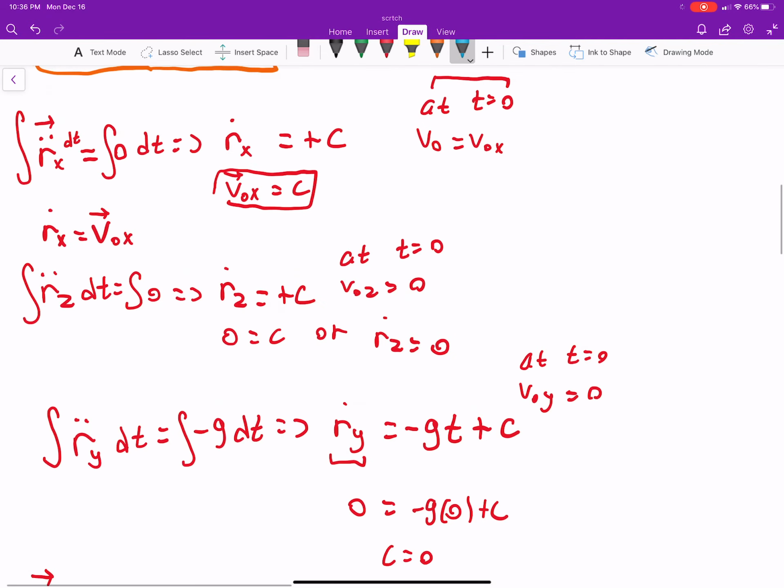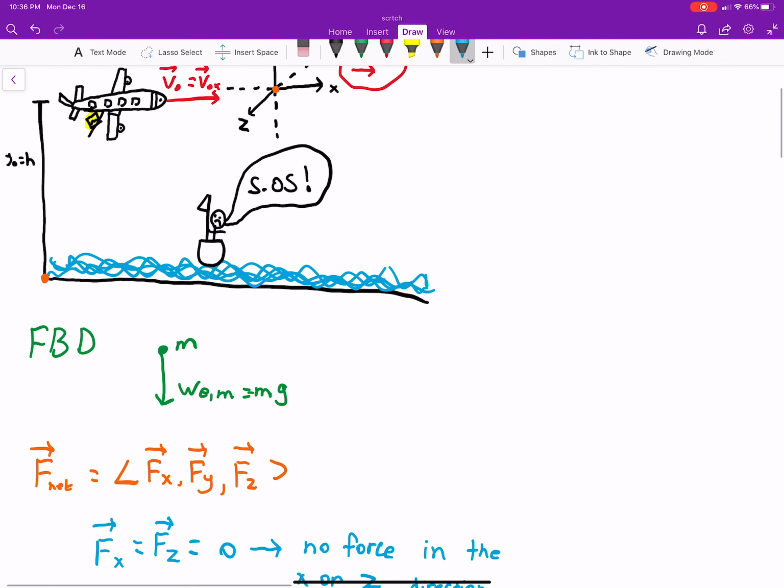So what this is saying, if we look back at our picture, we could be 10 meters behind. So if we think of a coordinate system here, maybe this is minus 10 meters. Maybe this is plus 10 meters.